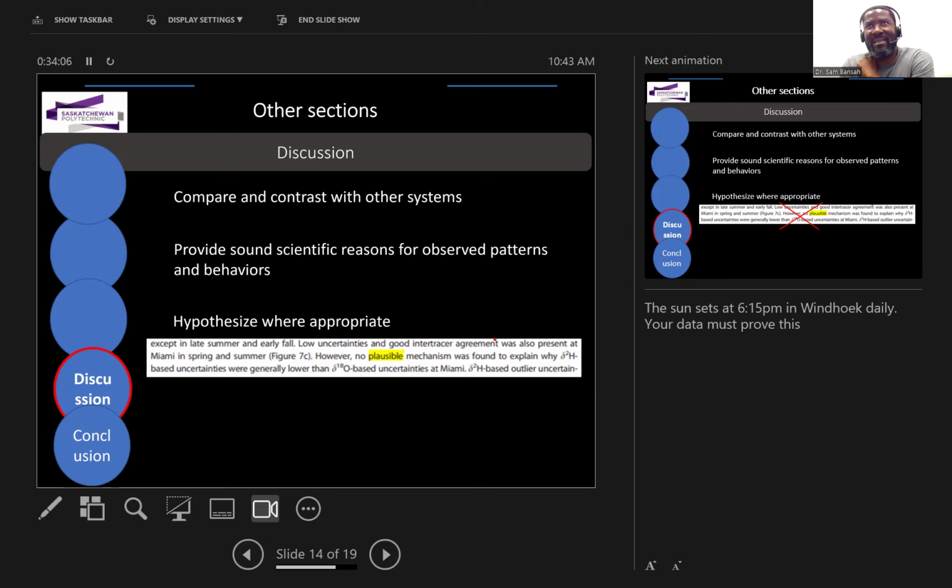Next sentence: However, no plausible mechanism was found to explain why delta deuterium-based uncertainties were generally lower than delta 18-based uncertainties in Miami. This is not the best. No plausible mechanism was found. That's not the best. You have to hypothesize.